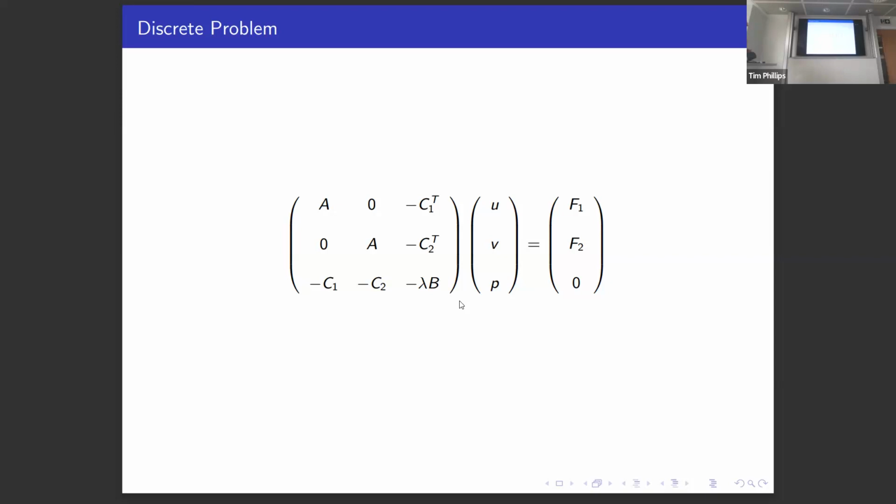It's a nice structure, it's symmetric. The matrix A is symmetric positive definite, and the matrix A, of course, is the stiffness matrix of either the finite element or the spectral element discretization.